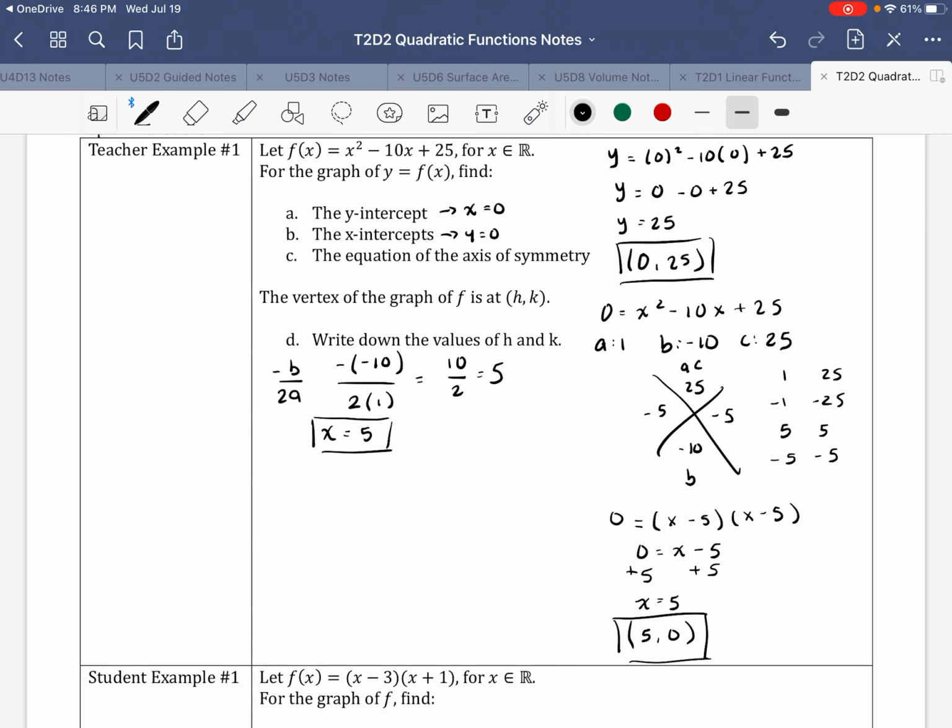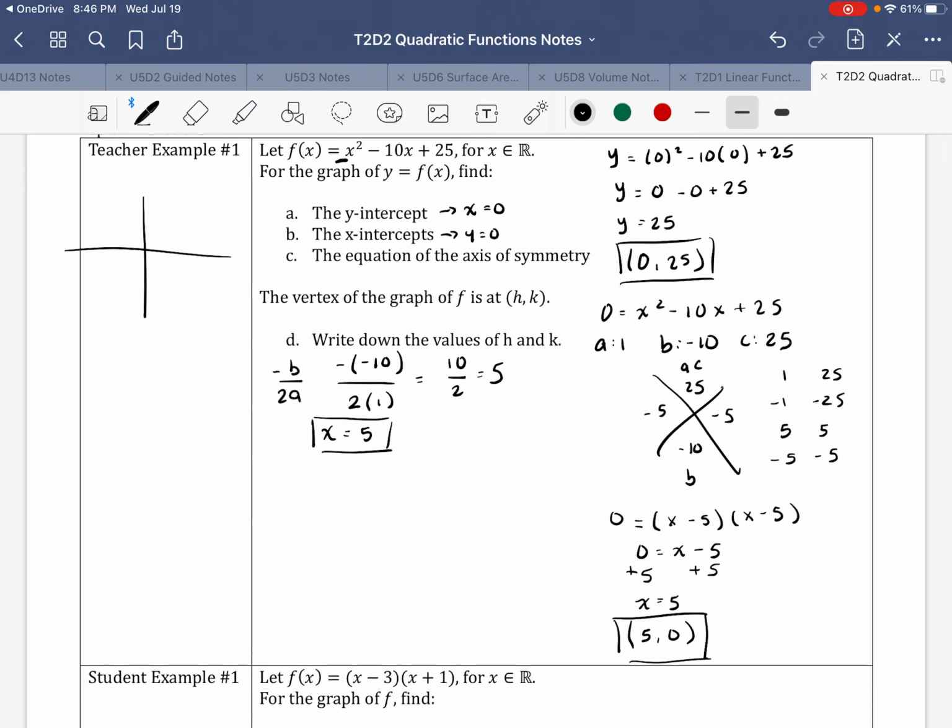Okay, now the last one, it says the vertex of the graph of f, our function, is at (h, k). Right? If we think about what we have done so far, we essentially have an equation where there's only one solution. We know it's concave up because this is a positive a value.